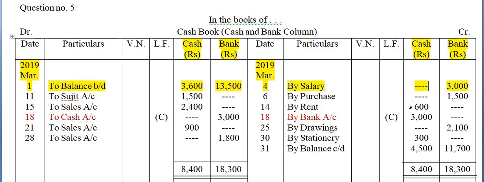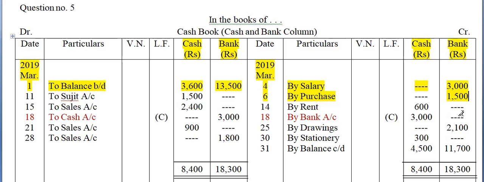And on 6th, purchased goods by cheque. So on 6th March, you will write By Purchase Account. Again, it's done through bank only. So it will be 1,500.